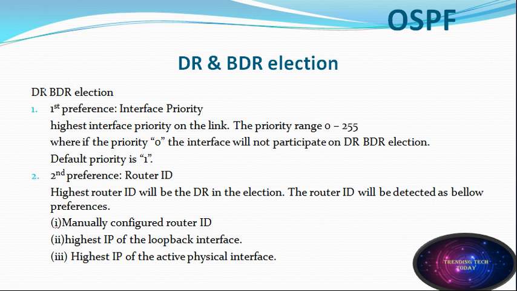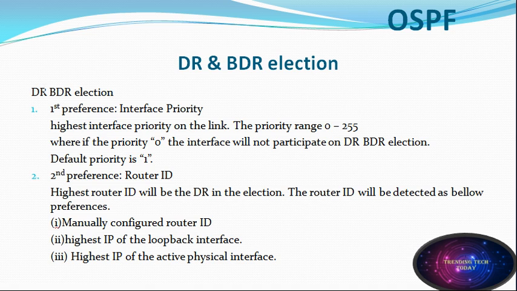So now we'll discuss the DR election, the process of DR elections. To establish DR and BDR, we have two preferences. The first preference is the interface priority. The priority range is 0 to 255 in the OSPF domain.